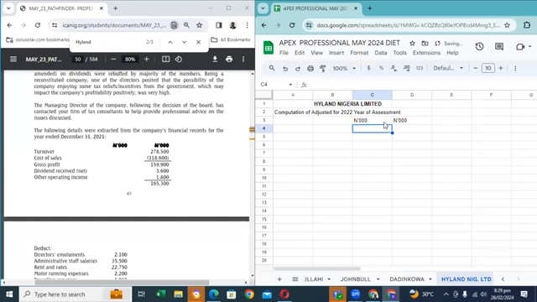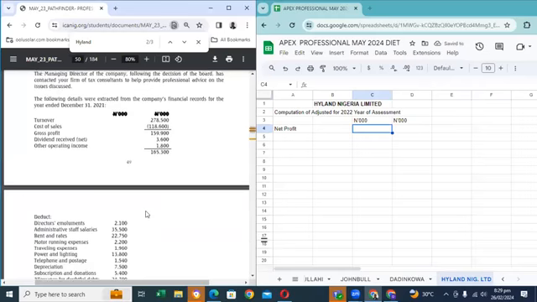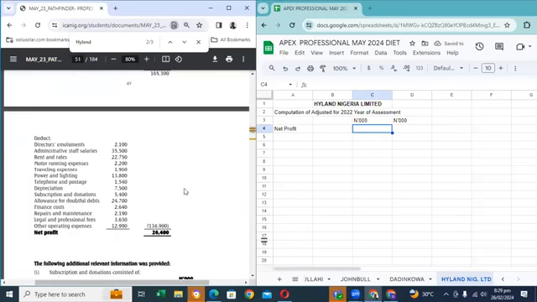And don't forget that to get this is simply just simply do net profit, right? How much is the net profit as per question? Net profit is how much? 26,400.